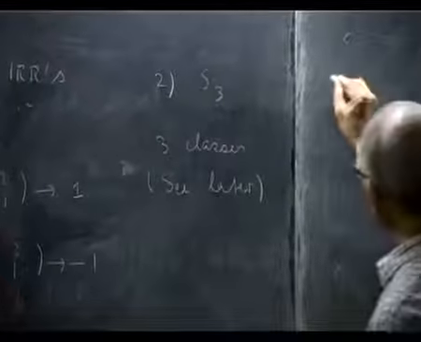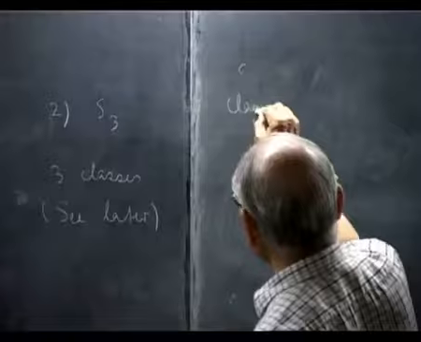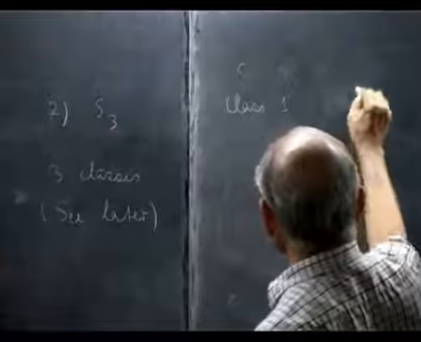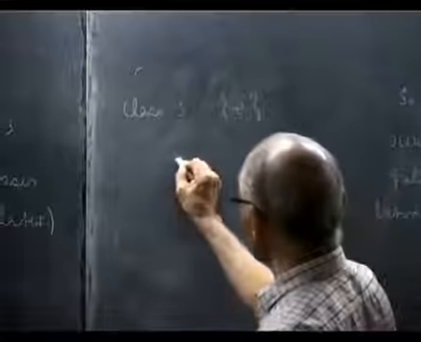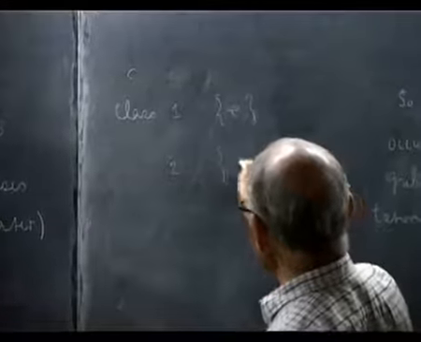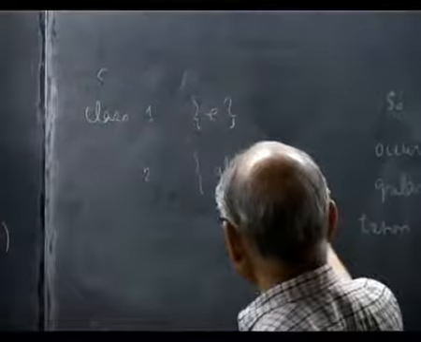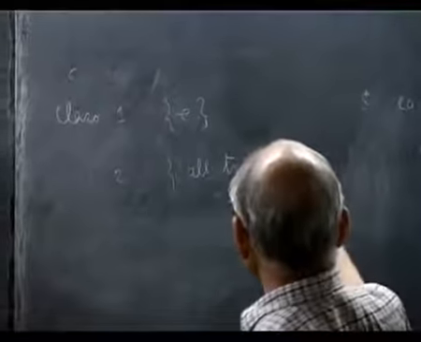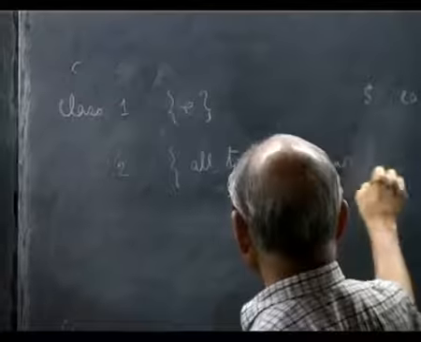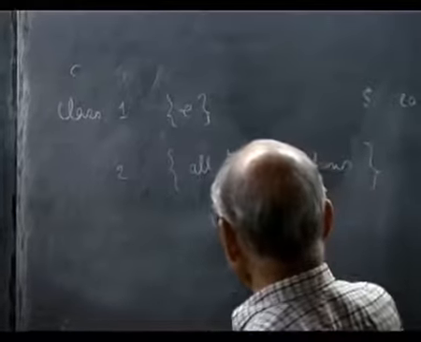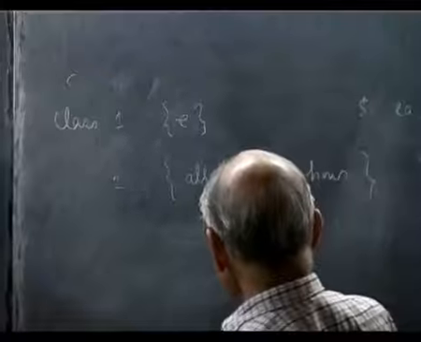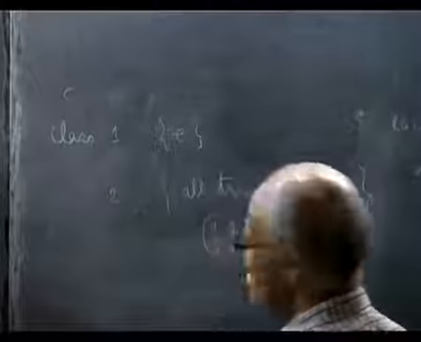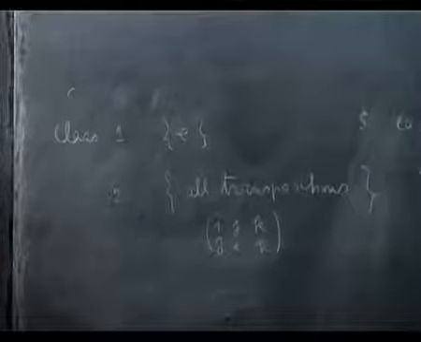Class 1 is simply the class containing the identity. Class 2 is all transpositions, of the form (i j), (j k), (k i), so they just permute two of them.